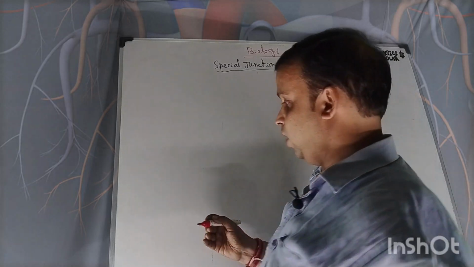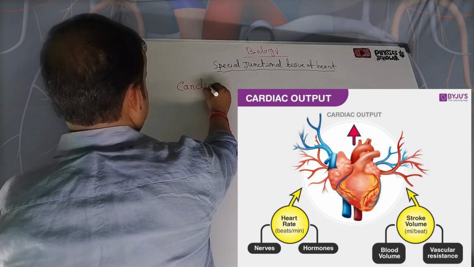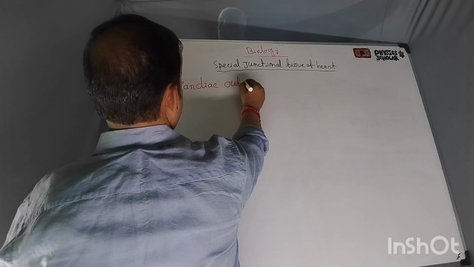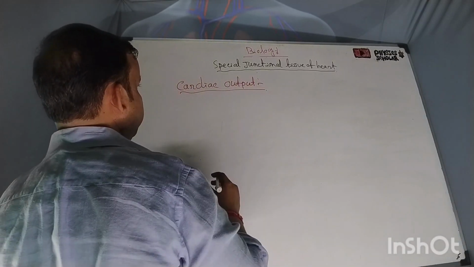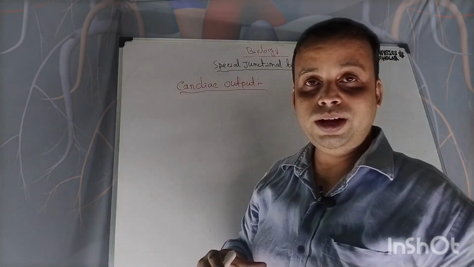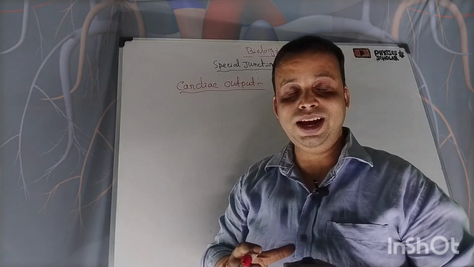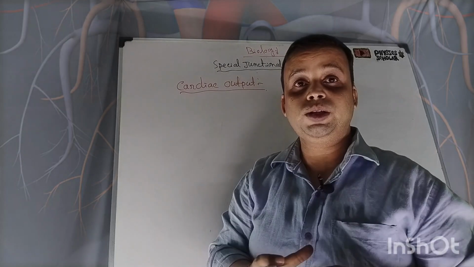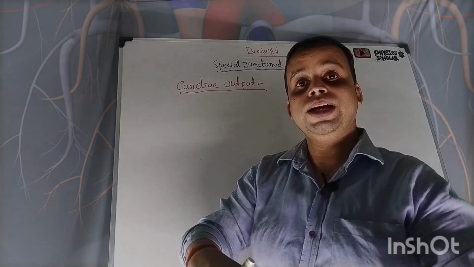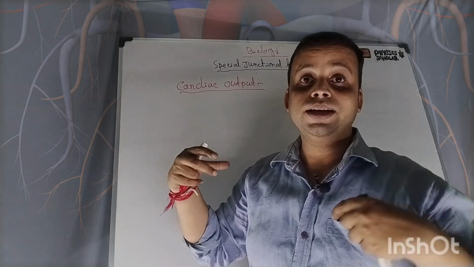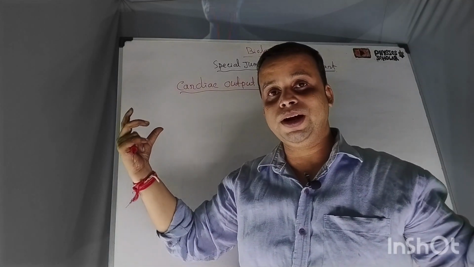So students, now let us discuss cardiac output. What is cardiac output? Clear? So what we know, when the ventricles are in systole condition, then the blood will enter the artery from the heart, and it will be supplied to the different parts of our body.